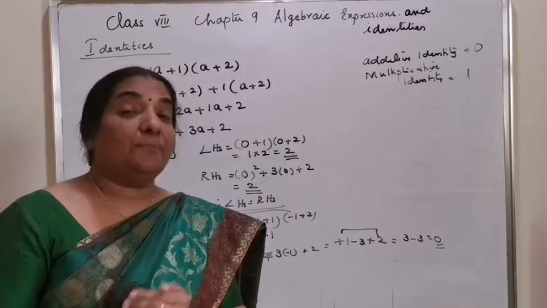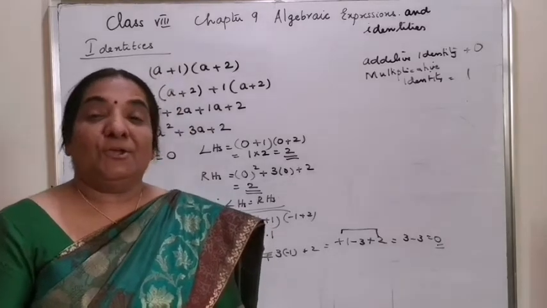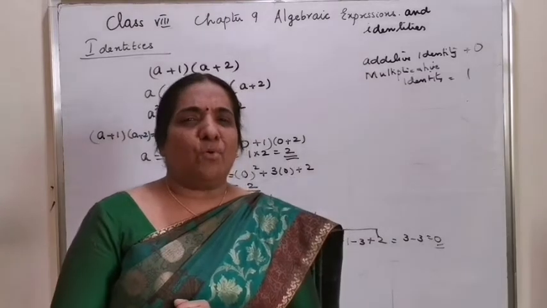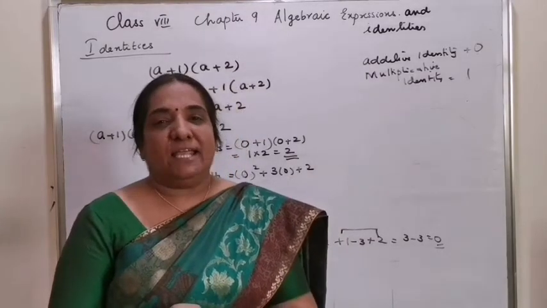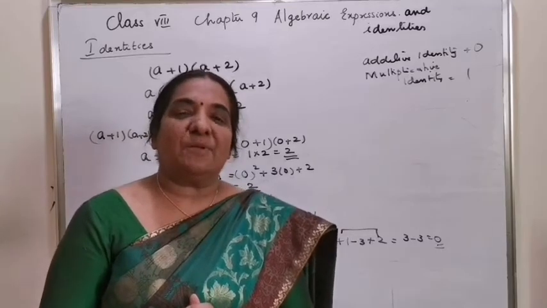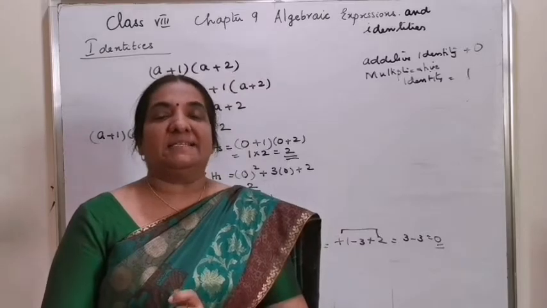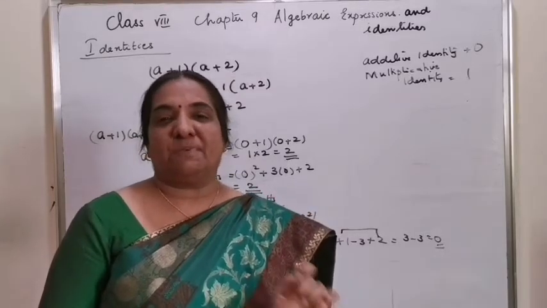Now, with the help of these expansions of a binomial with binomial, you are going to derive the most important identities in algebra of a plus b whole square, a minus b whole square, a plus b into a minus b, and x plus a into x plus b.